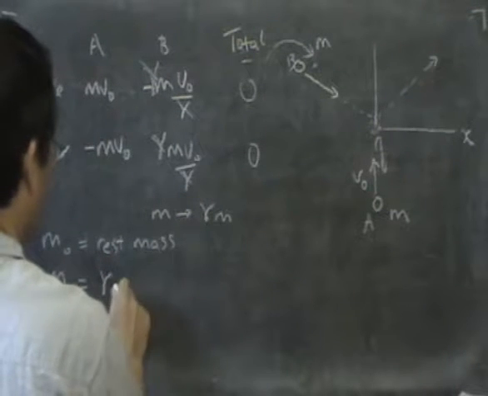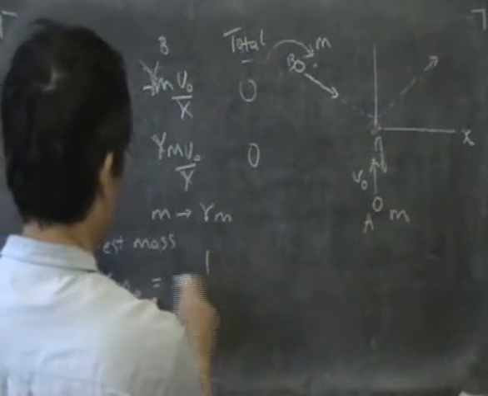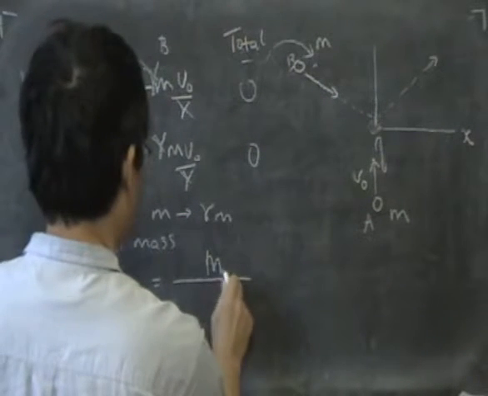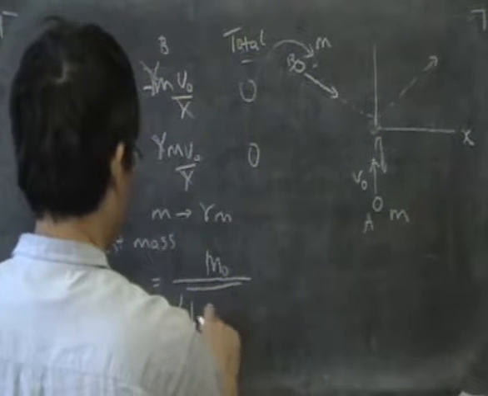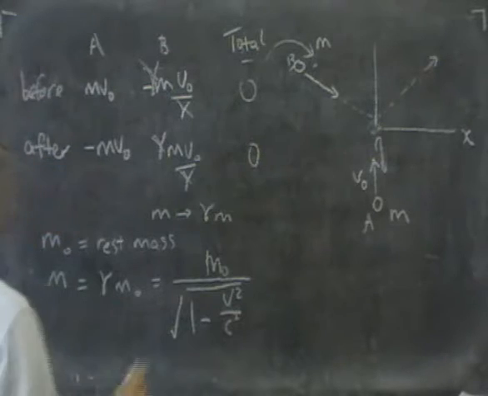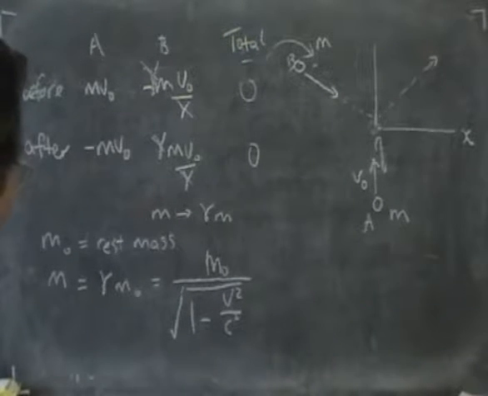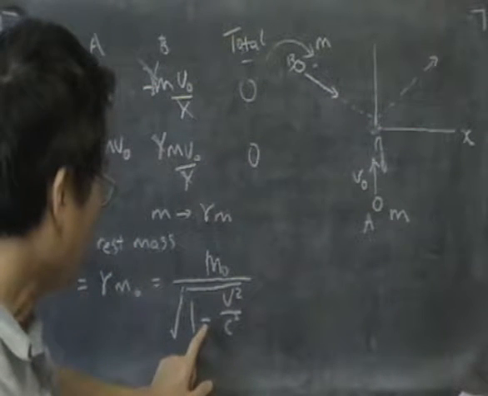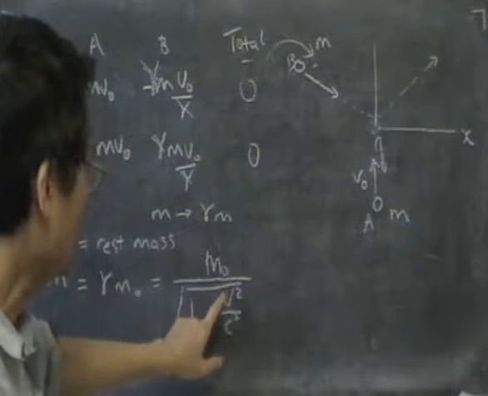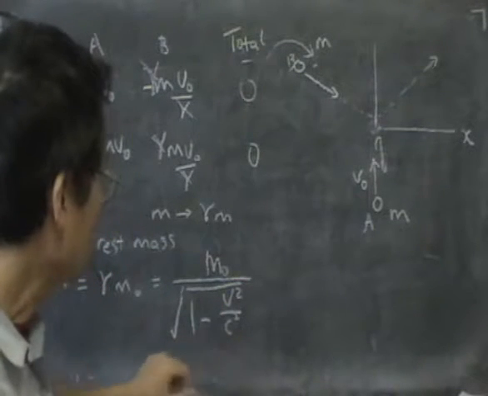That would be the Lorentz factor times the rest mass. Now if we write out the Lorentz factor in full, this is what it looks like. The square root of 1 minus v squared over c squared. Now if you look at this, you see that v squared over c squared must be a positive number.